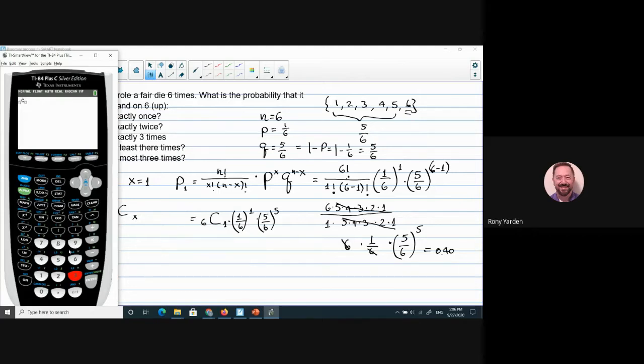So we know that we have 6 here. I'm using the arrow to move to the right. And I have 1 here. And I'm using the arrow to move out of that subscript mode. And now I'm going to put 1/6 to the power of 1 times 5/6.